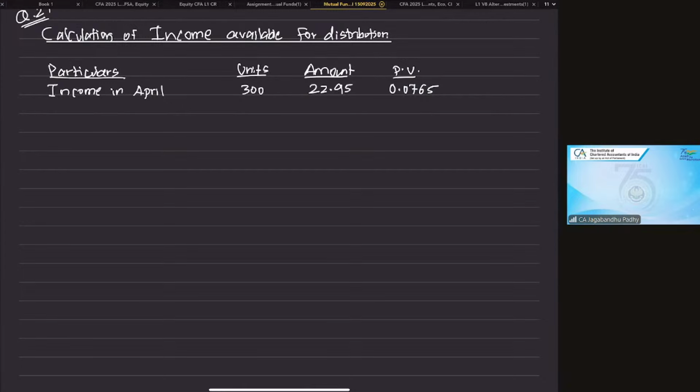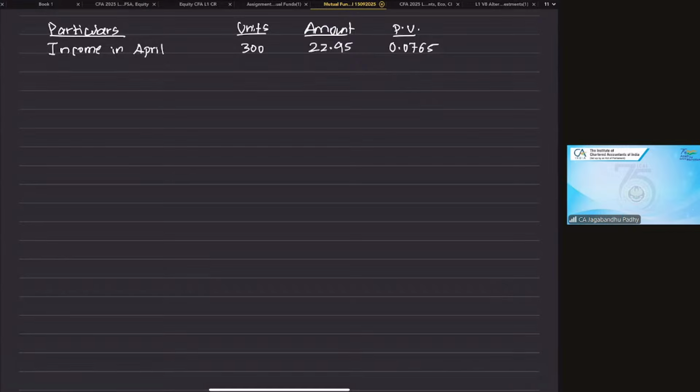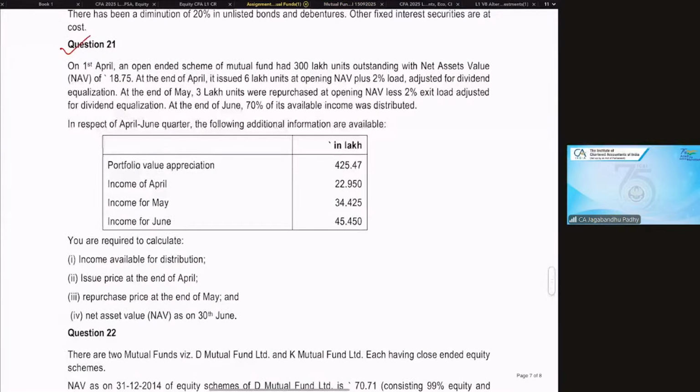Now this income which we have on a per unit basis as 0.0765, this is the income of which unit holders? Because remember, the number of units that we have is fluctuating, since new units were issued and certain units were repurchased.